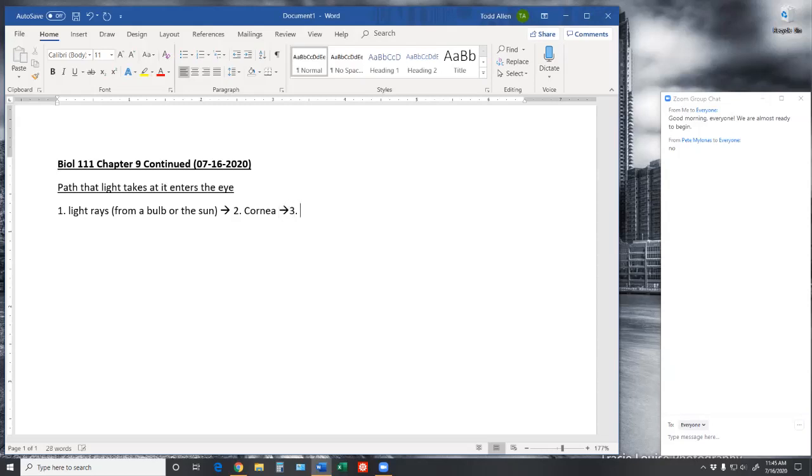From the cornea, the light rays enter through the pupil of the iris, which we identified last time. Those light rays continue their journey through the lens of the eye. So number 4 is the lens.